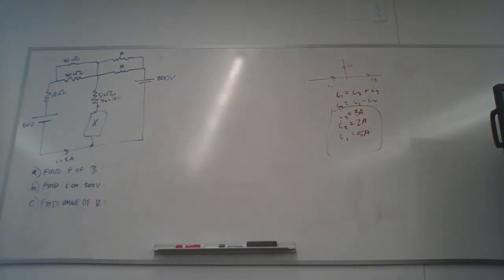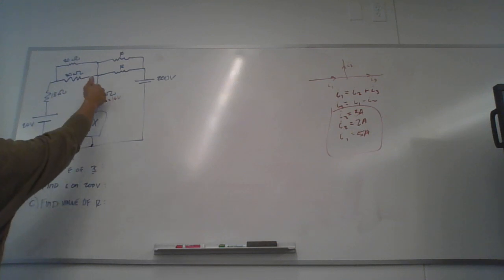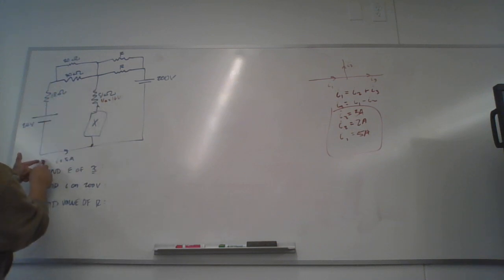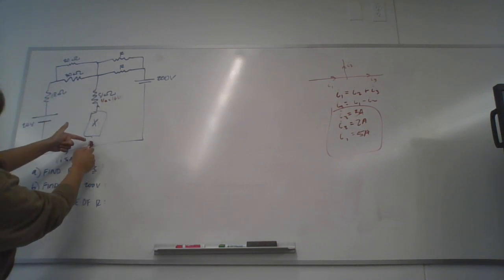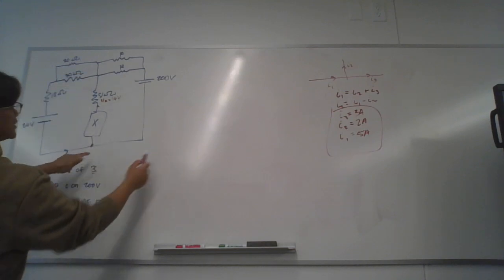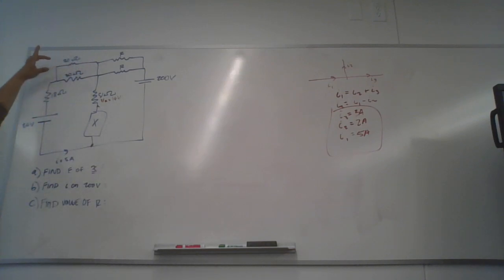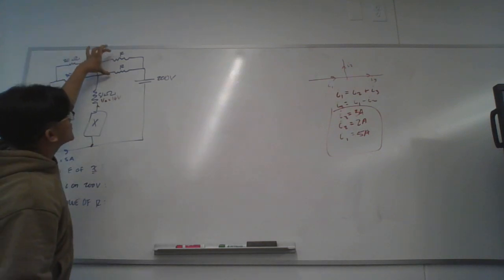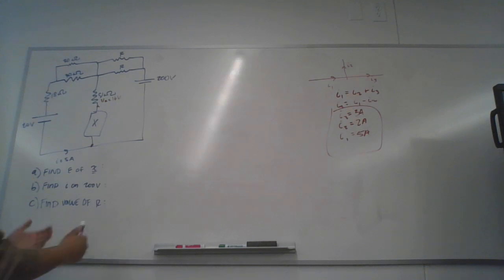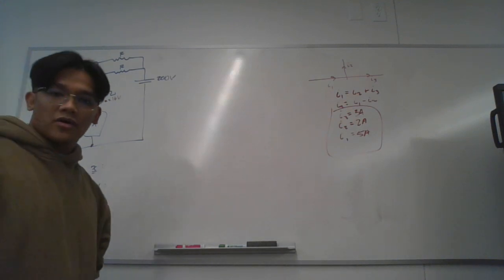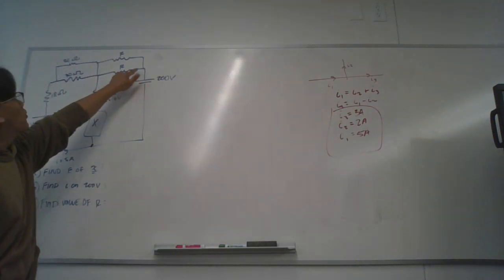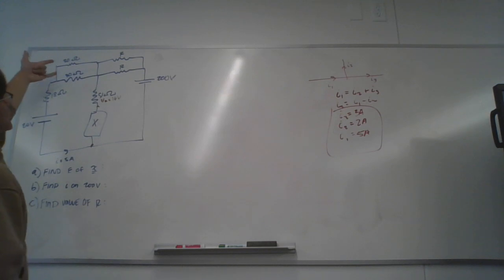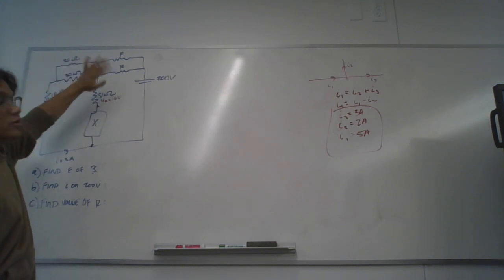So now we have the currents going through this way: I1, then I2 in the middle, and I3. I notice that these two resistors are in parallel and these two resistors are in parallel. So we can redraw the circuit as just one wire going this way if we find the equivalent resistance for these four resistors.